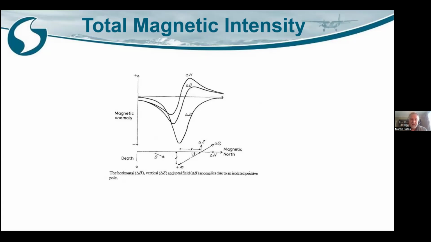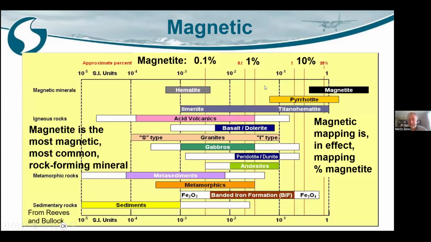We subtract away the Earth's magnetic field, we recover the anomalous magnetic field, and that's what shows us what's going on in the subsurface. This kind of gives you a sense of rocks and minerals and what kind of susceptibility ranges we're talking about.